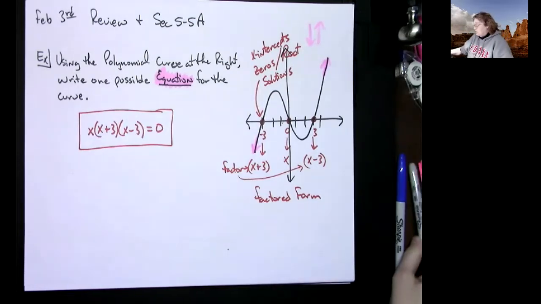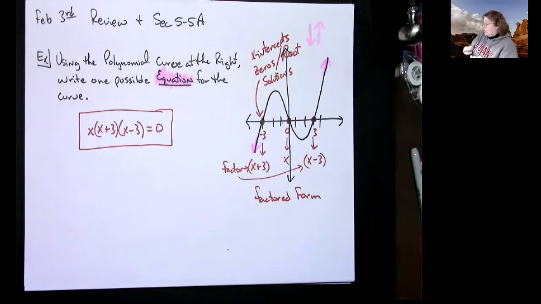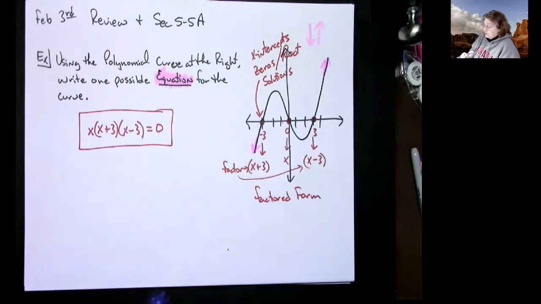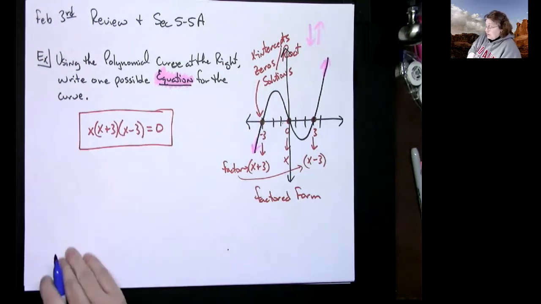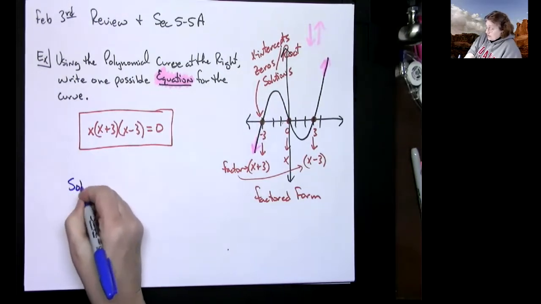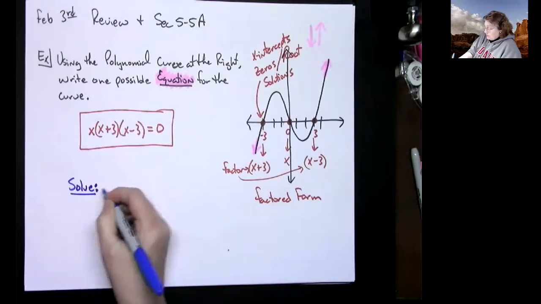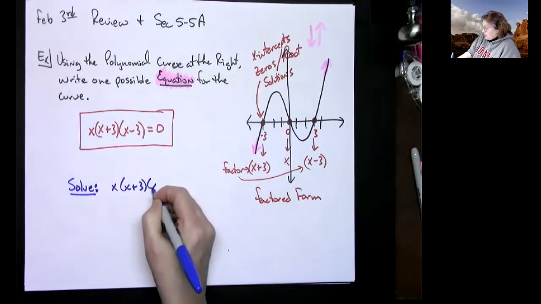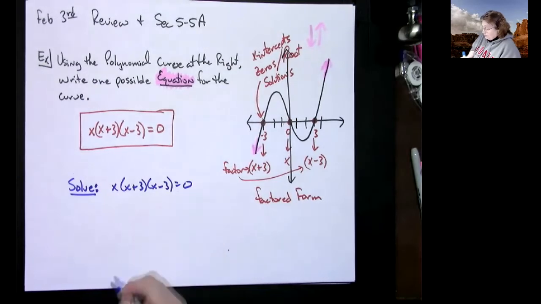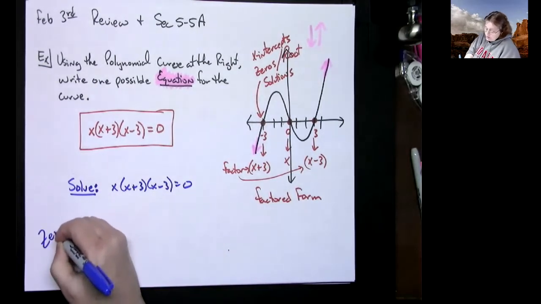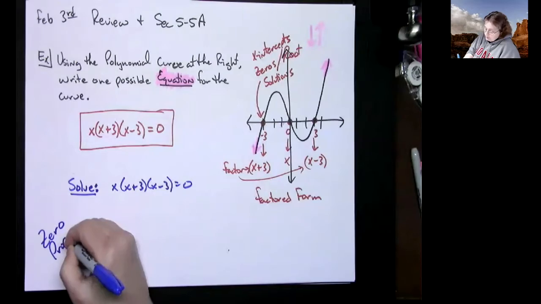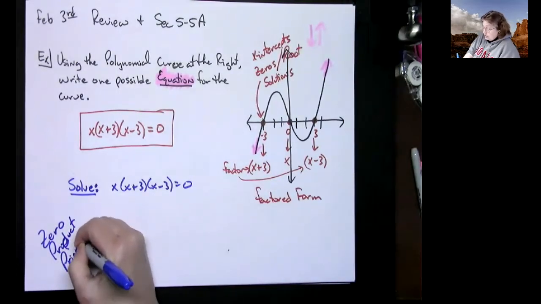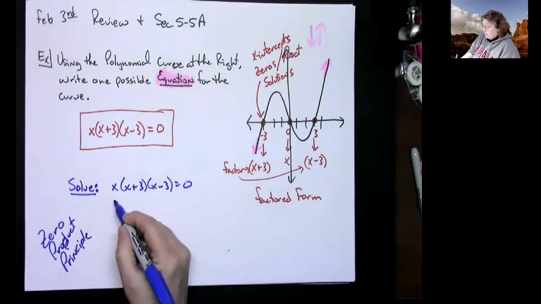Now, if you're struggling with understanding why this is a 0 and this is a factor, say I had something like this. If it said solve, and you were given x plus 3, x minus 3, equals 0, you would use the zero product principle. Most people don't know that it's called that, but what is it?